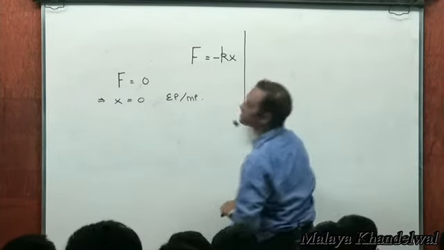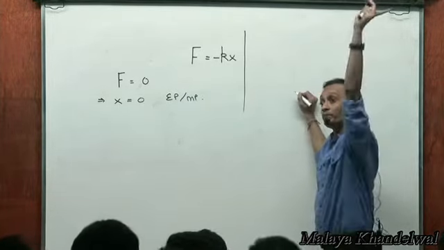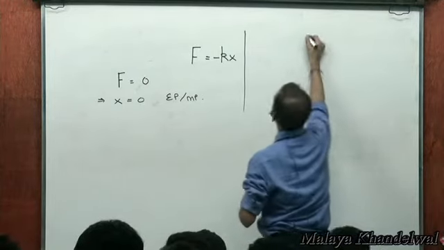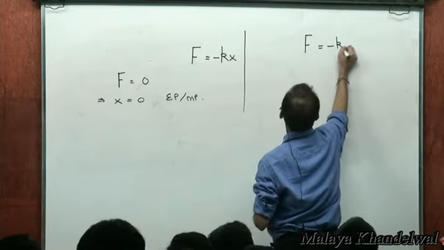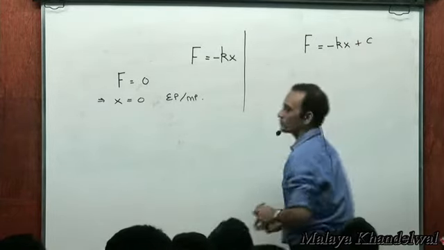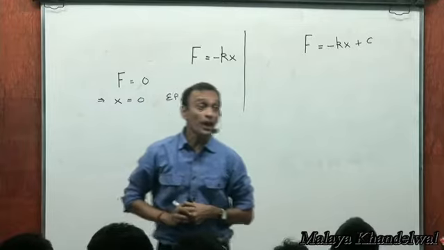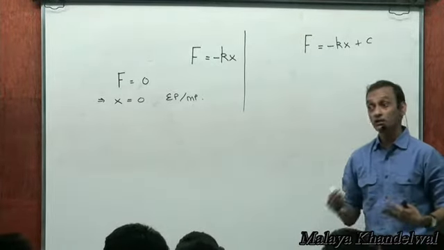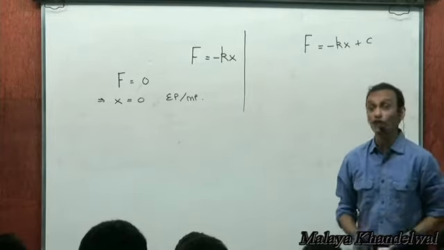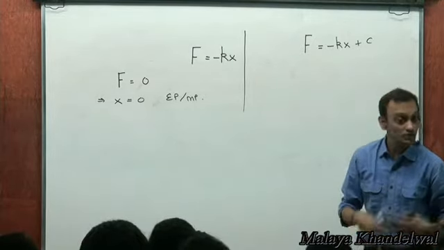However, suppose a particle is being acted upon by a force of this kind, not minus kx, but minus kx plus some c. Suppose a particle is being acted upon by a force which is not minus kx, but minus kx plus c, and I want to figure out the nature of motion exhibited by this particle.